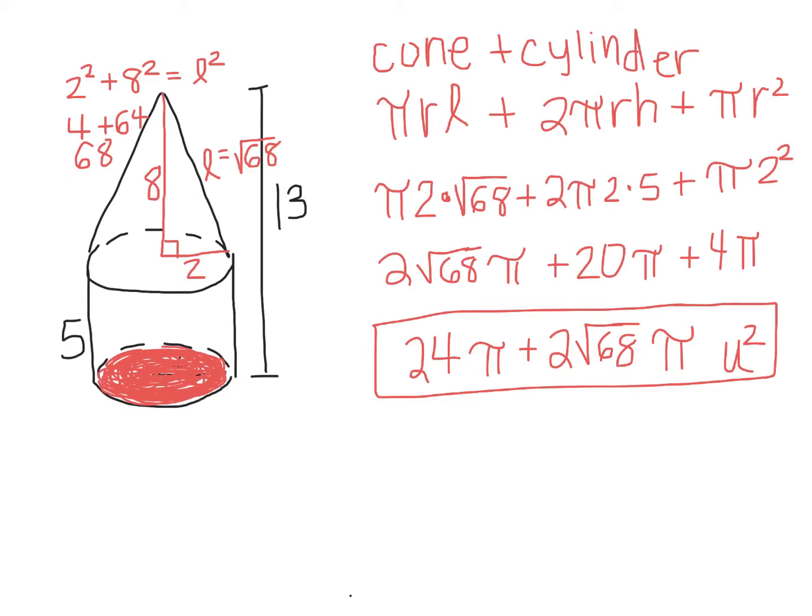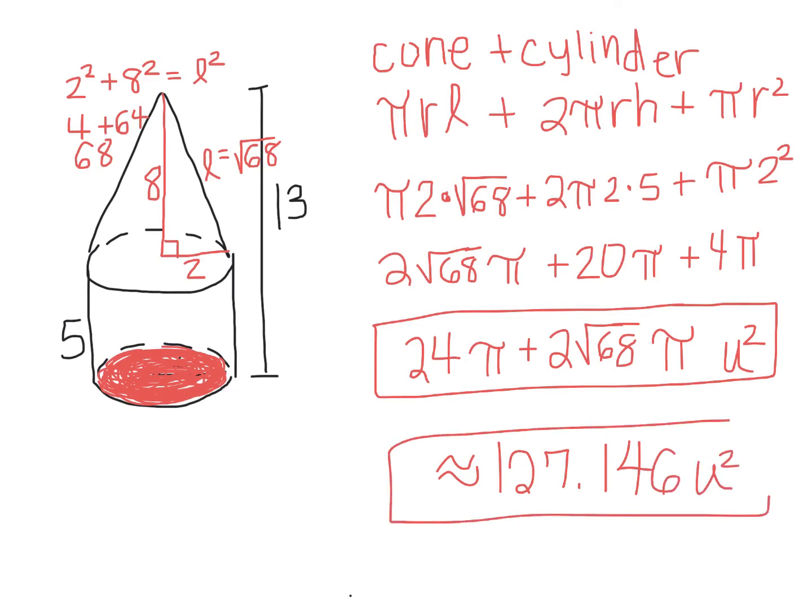Square root of 68 times, and I'm going to use 3.14 for pi right now. So my answer is about 127.146 square units for the surface area.